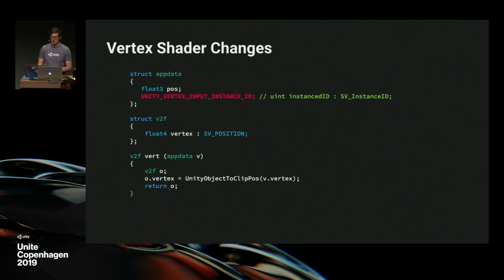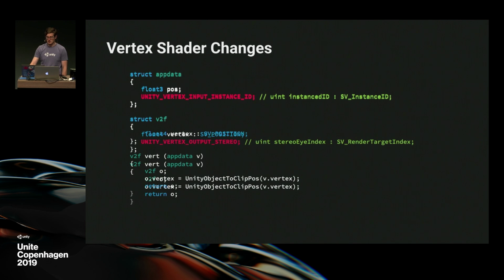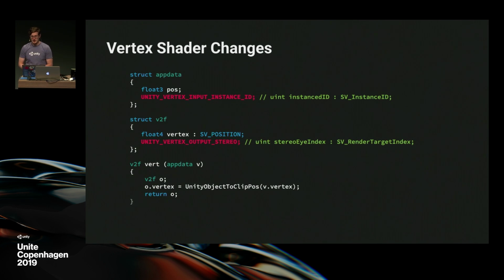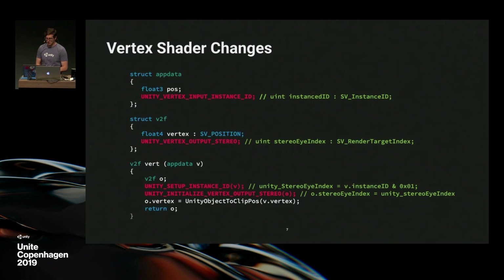And the first thing we need to do is add these macros here at the top into the app data. Followed by that, we add here the output stereo. And then finally, in the actual Vertex pass, we have the instance ID that's going to basically allow it to link in and then initialize the stereo output there. So these are the changes that you'll need to make if you're writing any custom shaders.